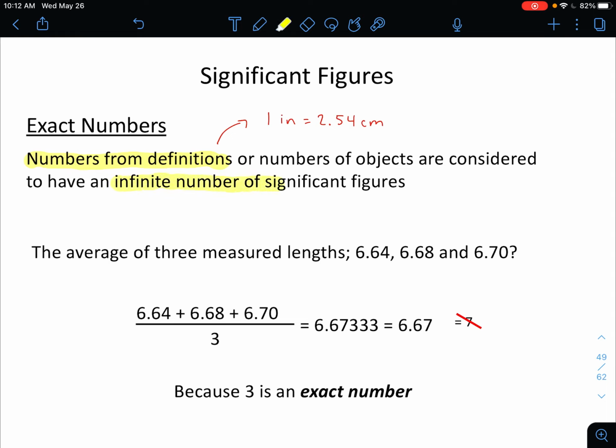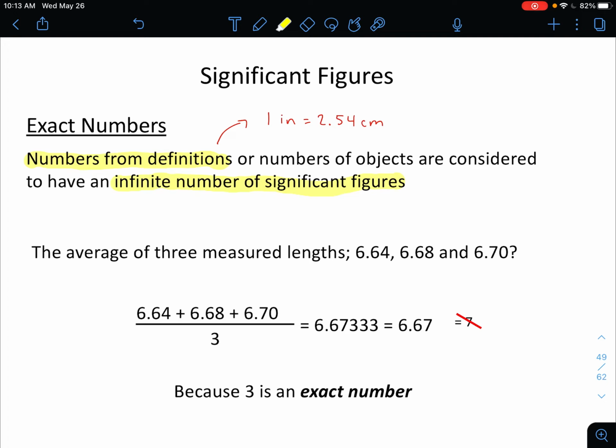And when we think about those, we say that they have an infinite number of significant figures. So with that idea in mind, it basically means it won't affect a value. So if I'm using a conversion factor that looks like it just has one significant figure, like this one, 1 inch equals 2.54 centimeters, that's the exact conversion between those two units, so it's infinitely accurate.